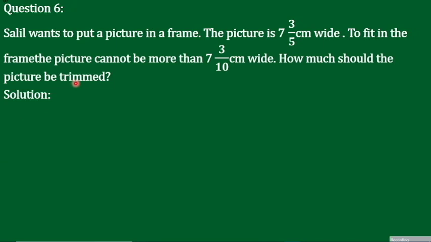Both things you can do, but how much, how will we calculate? So see here, the picture is 7 whole 3 by 5 centimeter wide and the frame is 7 whole 3 by 10 centimeter wide. It means the picture is wider than the frame.